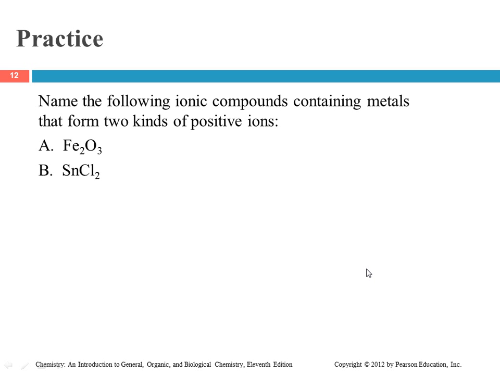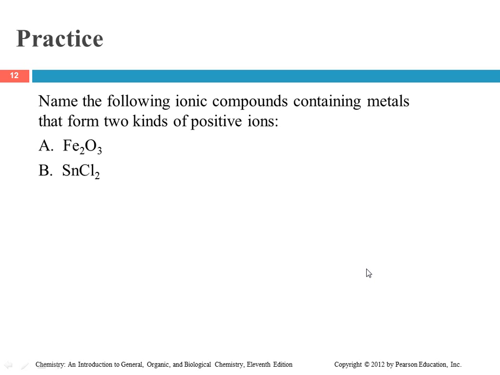The first thing that we have to do if we're going to name these is come up with or find the ionic charge. So if we look here, we've got 2 iron atoms, and we don't know the oxidation state, X, and we have 3 oxygen atoms.